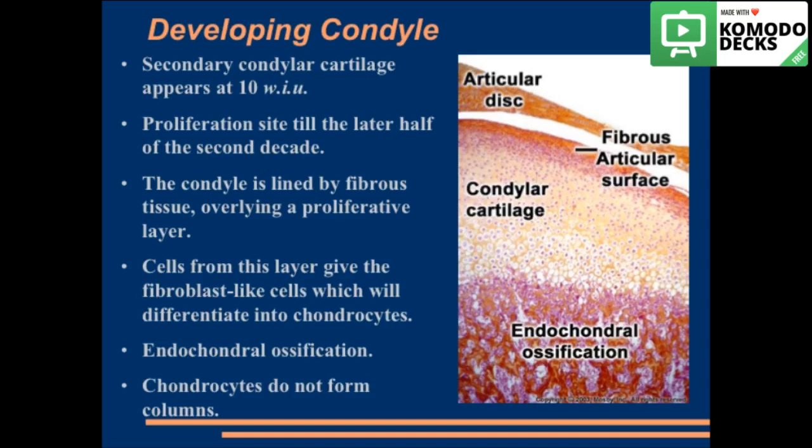As we said, there's endochondral ossification, and cells there form a thin layer, giving fibroblast-like cells that differentiate into chondrocytes. The chondrocytes are not present in lacunae or in column form.